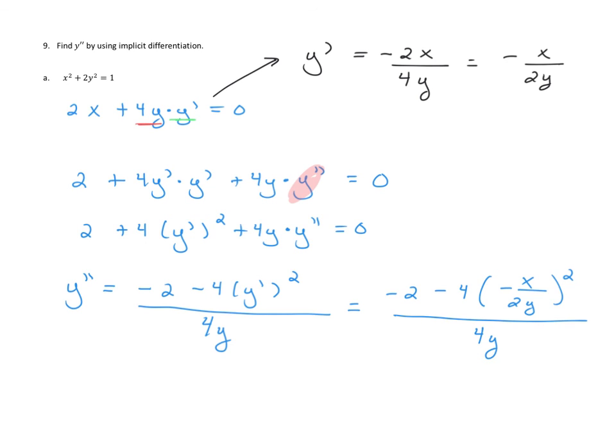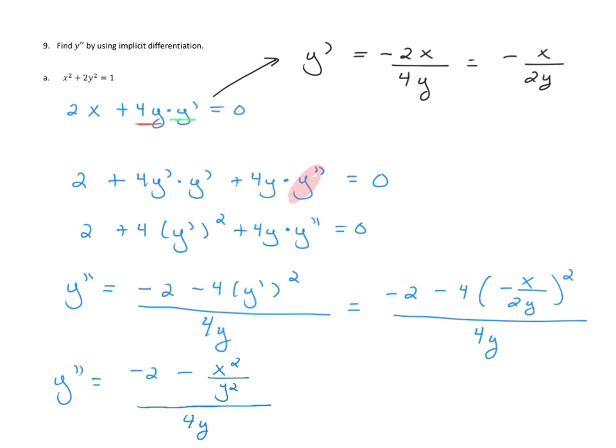Definitely stuff here simplifies. Maybe I'll just take a second to write that out. Y double prime is equal to, okay, we get negative 2, then we get minus, that negative cancels, this 2 becomes a 4, canceling with that 4, and we have x squared over y squared. And this is all divided by 4y.